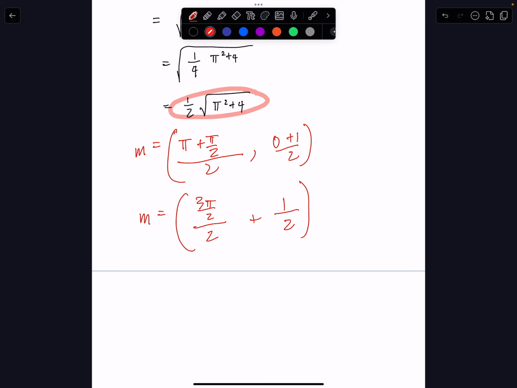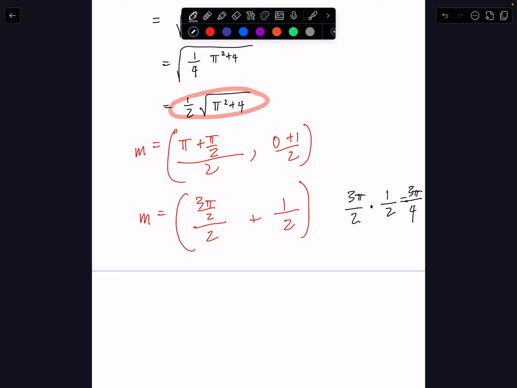When you have 3 pi over 2 divided by 2, you're just doubling the denominator. I think this confuses people, so let me write that for a second. I have 3 pi over 2 divided by 2. When you divide by a number, it's the same as multiplying by its reciprocal. So if I multiply these out, 3 pi is on the top, and 2 times 2 is 4.